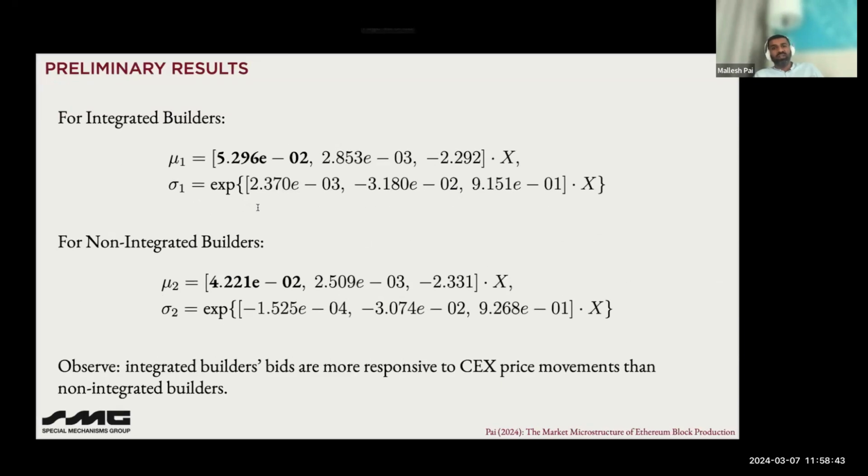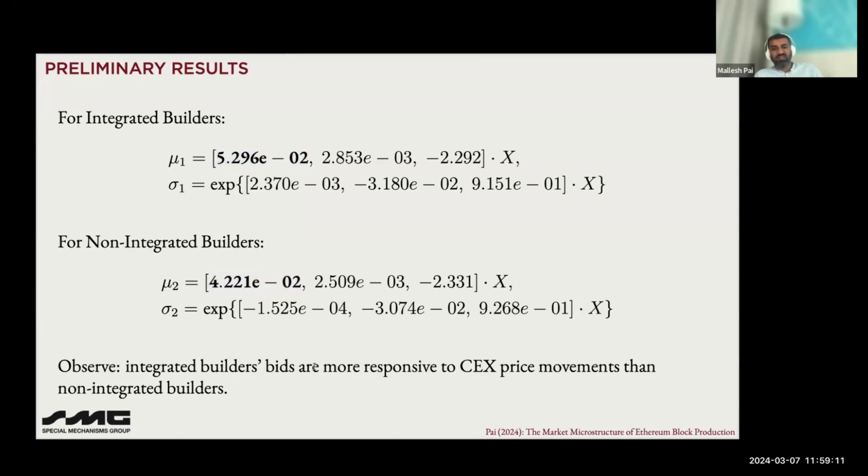Here's the best fit. These are the mu's and the sigmas that we identify. We'll interpret this in a second, but note that for integrated builders, the coefficient on the price change is higher than for non-integrated builders.